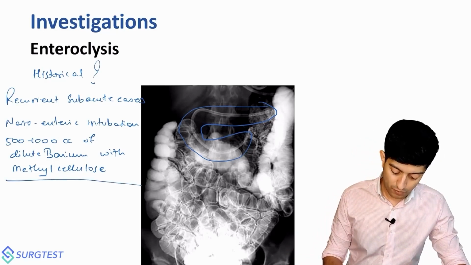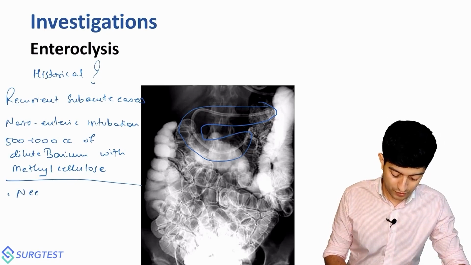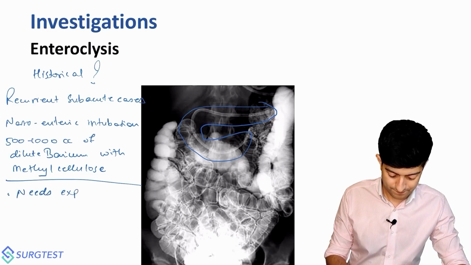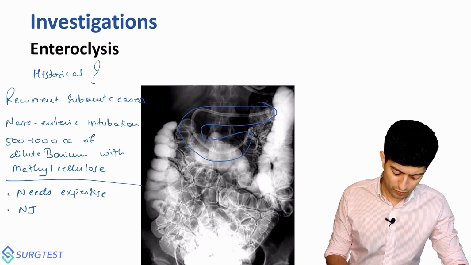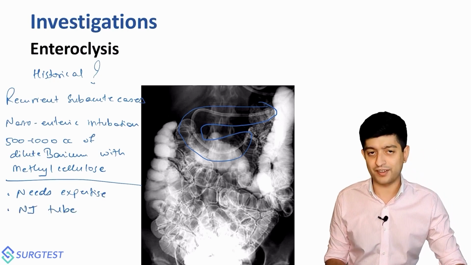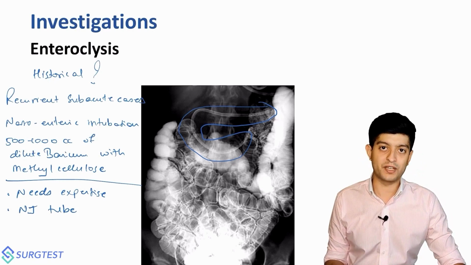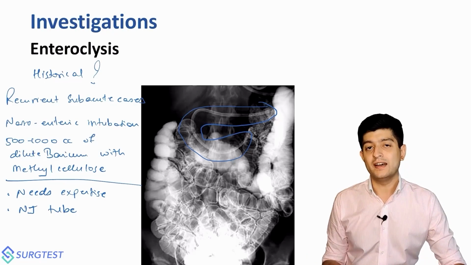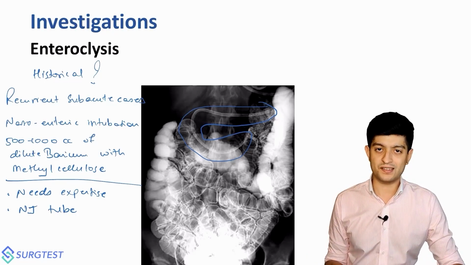Now, there are several problems with enteroclysis. It needs expertise for diagnosis. And remember, it needs an NJ tube. This is essentially not a straightforward procedure. It requires preparation. It's slightly uncomfortable for the patient. It also takes a long time. And enteroclysis at this point in time has essentially been superseded by CT scans.